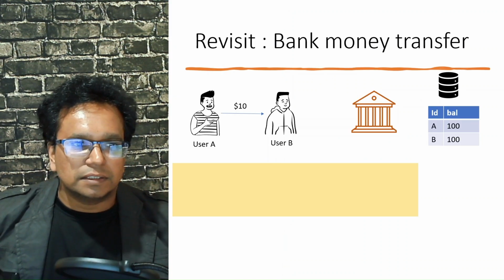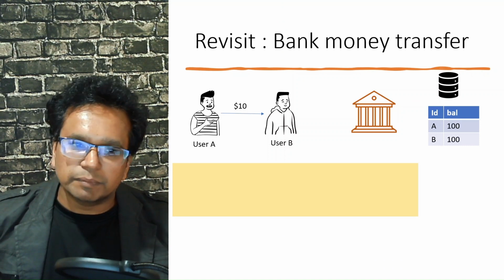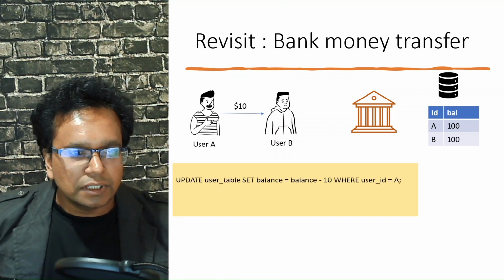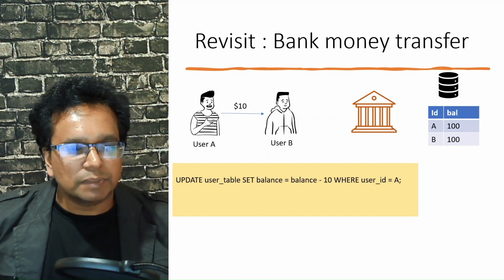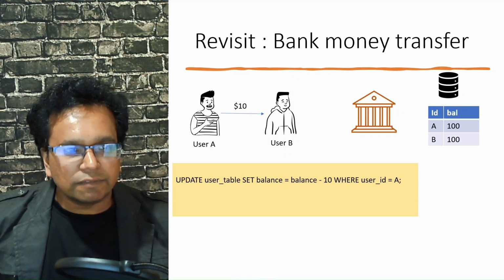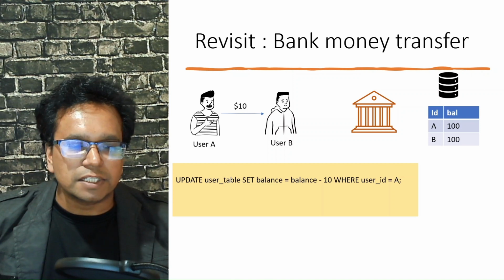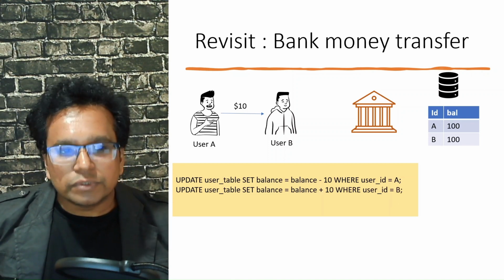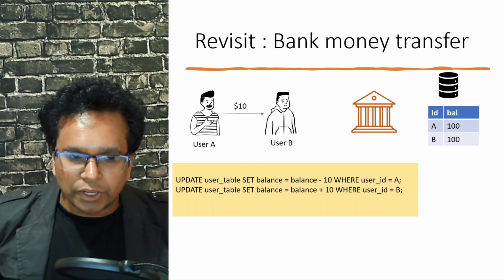So we had user A and user B who were transferring the money. We used one statement to transfer the money from user A, and the second one to transfer the money to user B. There were two statements and we executed them one by one.